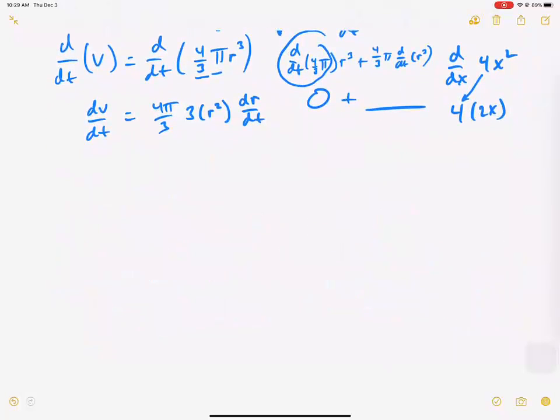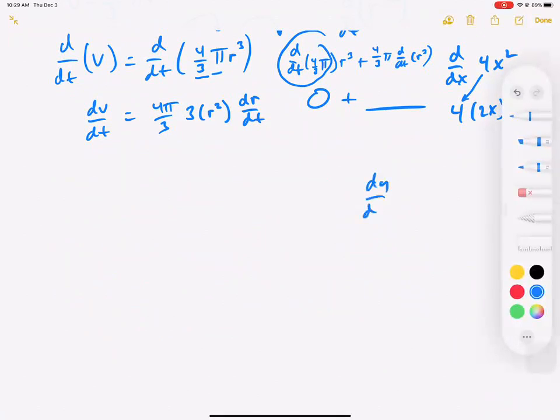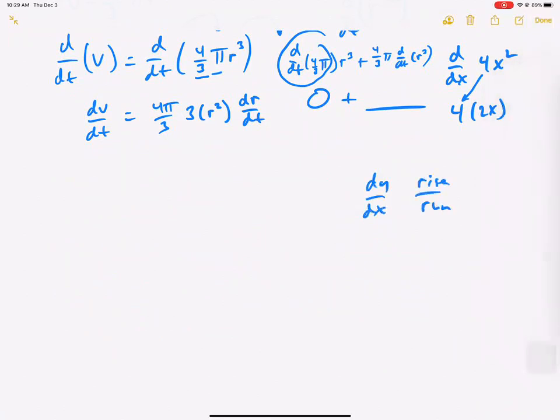Well, isn't dy over dx really rise over run? We chose dx because we want to base that on an x value, our run, rise over run. We never say dy over dy because what's the point of that?